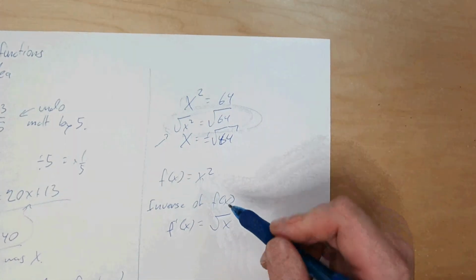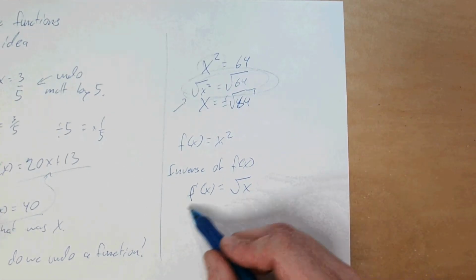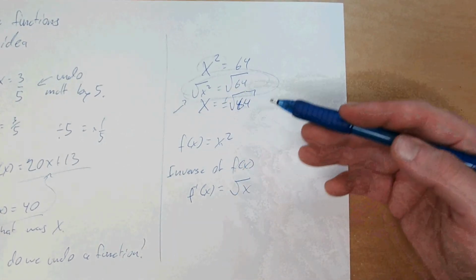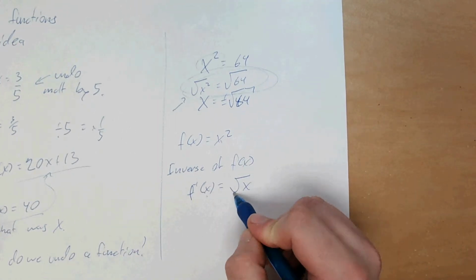The inverse of x squared is the square root of x. And we want to be able to find these inverses, these special functions, that find the value of x once you know x is equal to a number for just general functions.